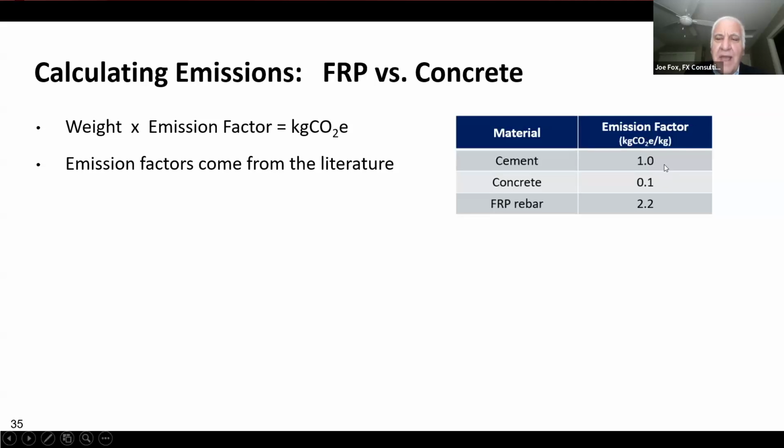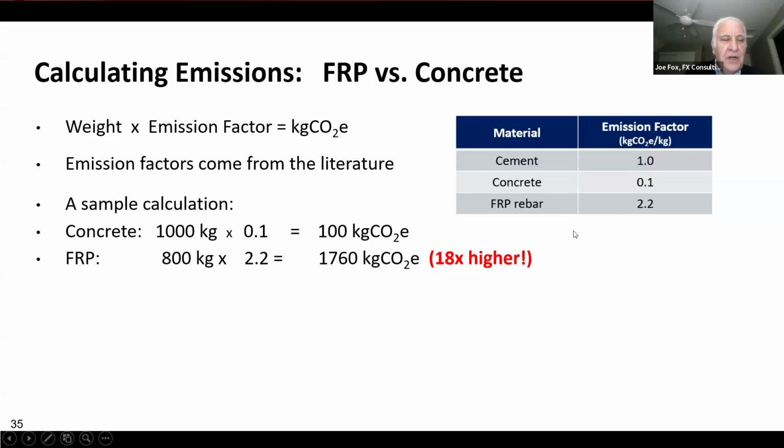And that order of magnitude difference makes a big difference in the calculations as shown here, because now I'm taking concrete, multiplying it by 0.1, and I get only 100 kilograms of CO2 equivalents. FRP is typically 10 to 20% lighter than concrete. Let's take 20% lighter. Multiply it by the 2.2 that I used for FRP rebar, and the product is 1760.